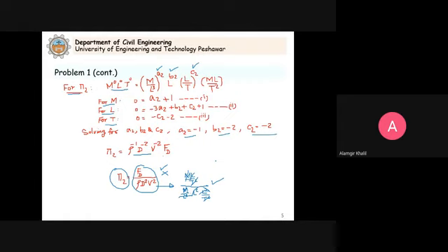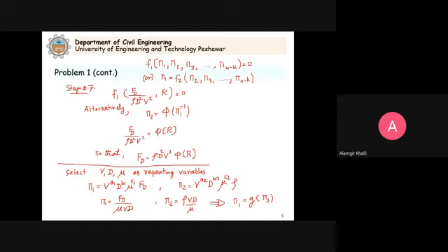So this is how we now calculated pi 1 and pi 2. So now step number 7 is that we can write down f1 of this pi 1 and pi 2 equal to 0. Now in this case, you see that I can write down this pi 2 as a function of pi 1 inverse.